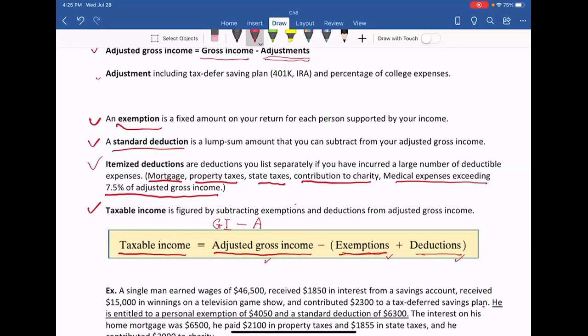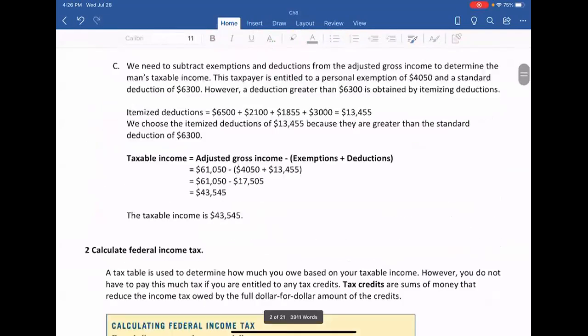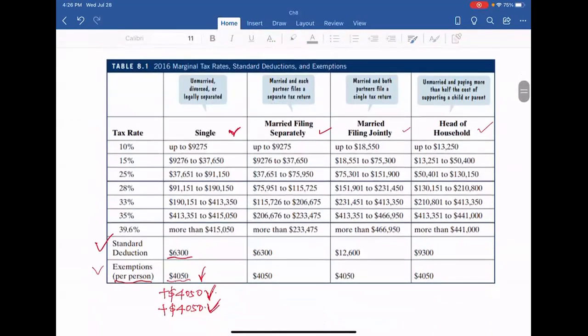Deduction, there are 2 kinds of deduction. One is standard deduction. That's the deduction you can find from the tax table. I think I mentioned it. You can find it from here, this amount of money.